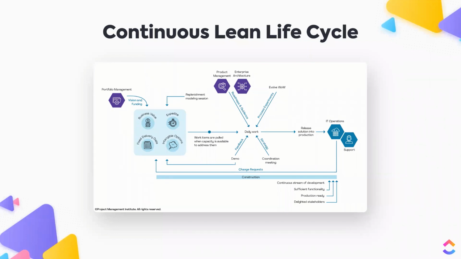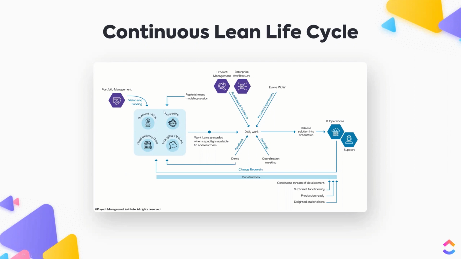In order to achieve this, we have pools of work that you are seeing here. 1, 2, 3, and 4 different pools that are actually constantly prioritized and from which is pulled only when capacity is available until the work is released directly into production.